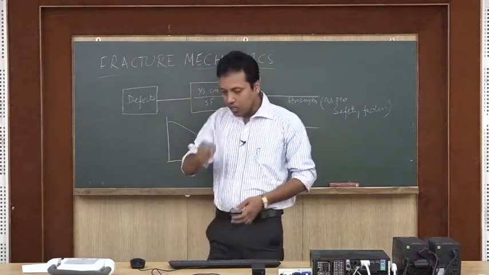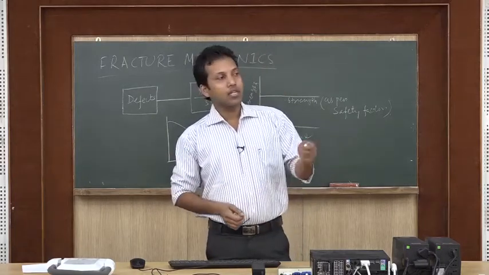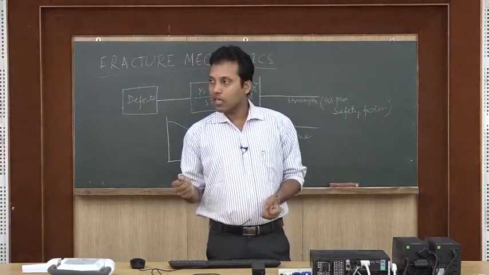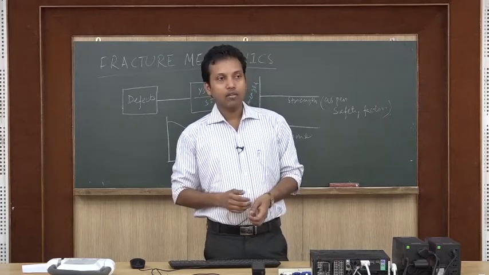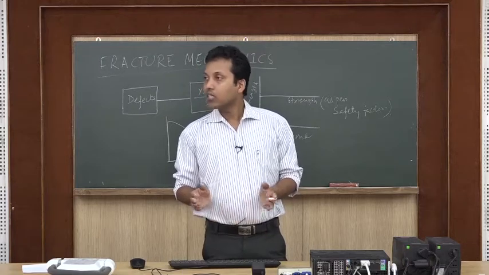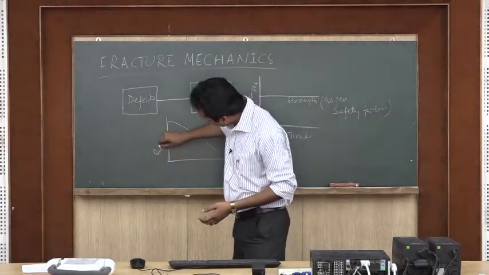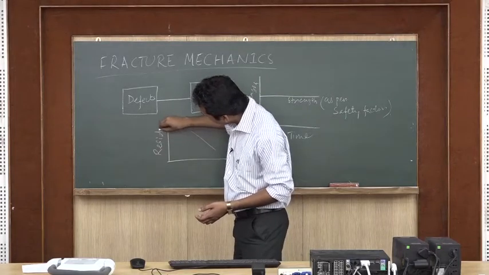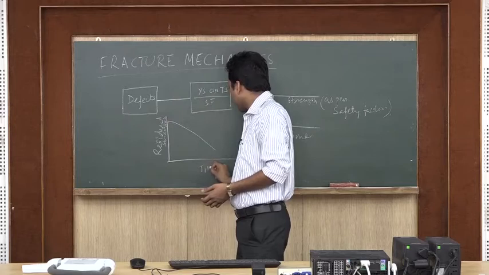Now this strength level will go on reducing. For a material, if there is a crack, then during application the crack size will increase, and due to that you can see the residual strength here. So here you can write residual strength with time.